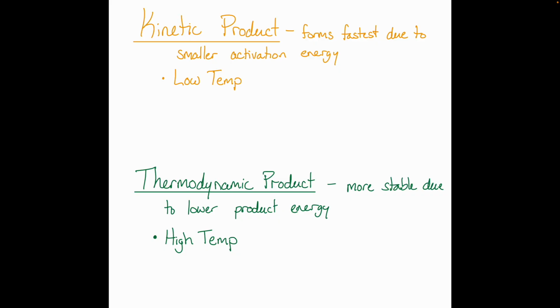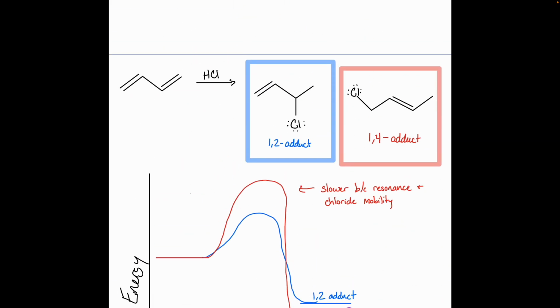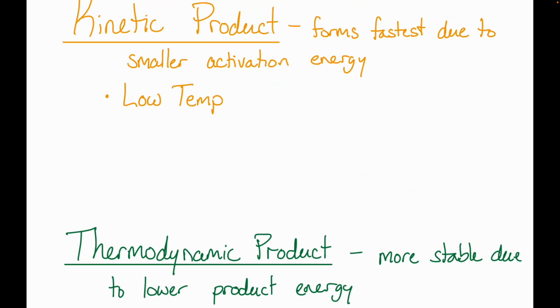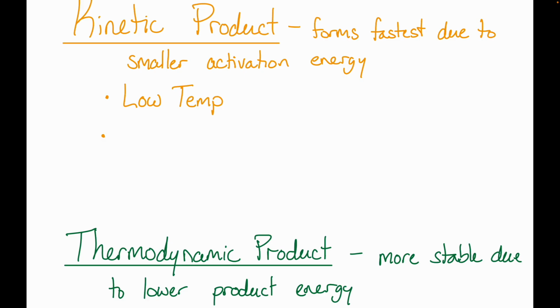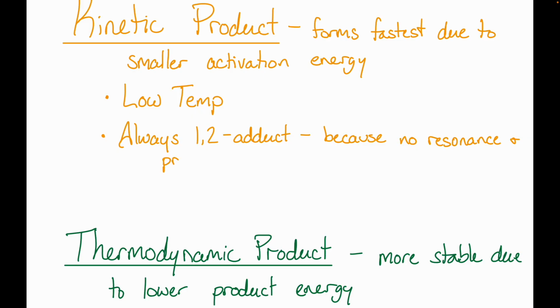Our kinetic product, as in this example here, is always going to be that 1,2 adduct, because there's no resonance required and the proximity of that chloride ion.